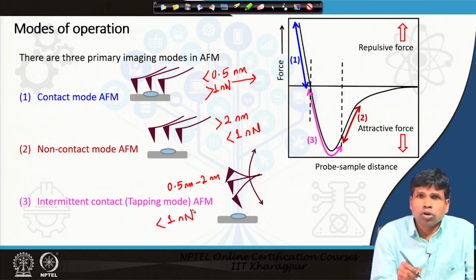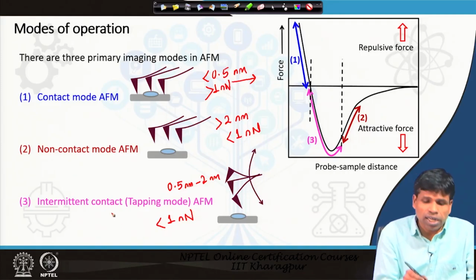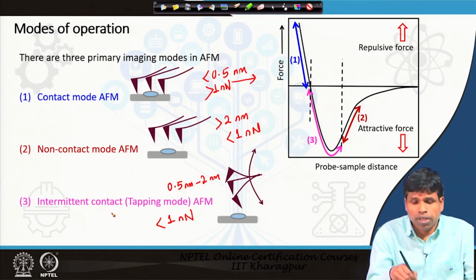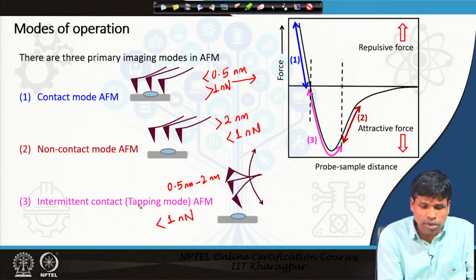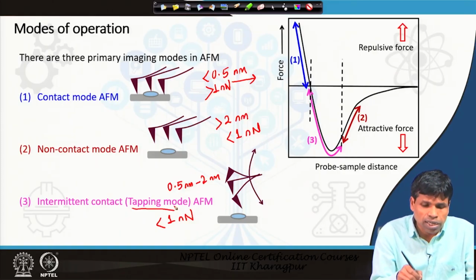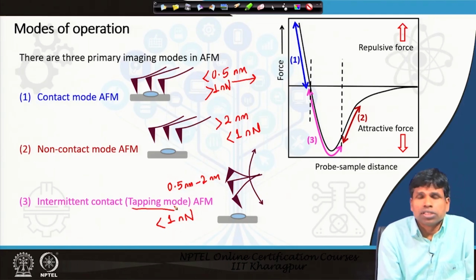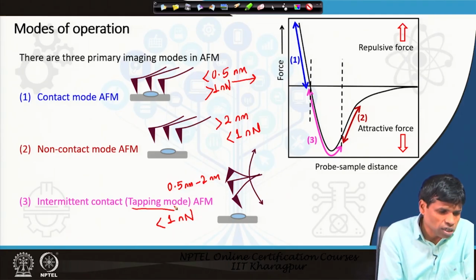The duration for which it comes in touch is 2 orders of magnitude less than in contact mode, and thus it will not damage the sample unless the tapping is very hard. Unless a hard impact happens, the chance of damage in the tapping mode is also low.